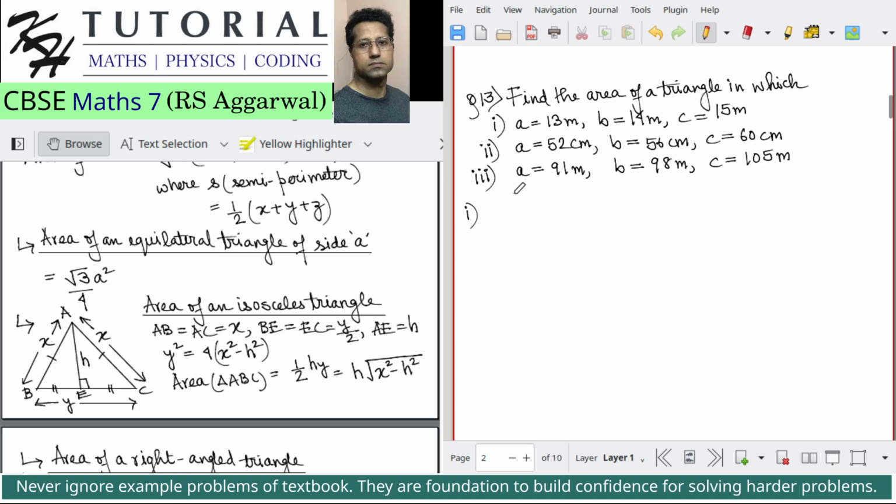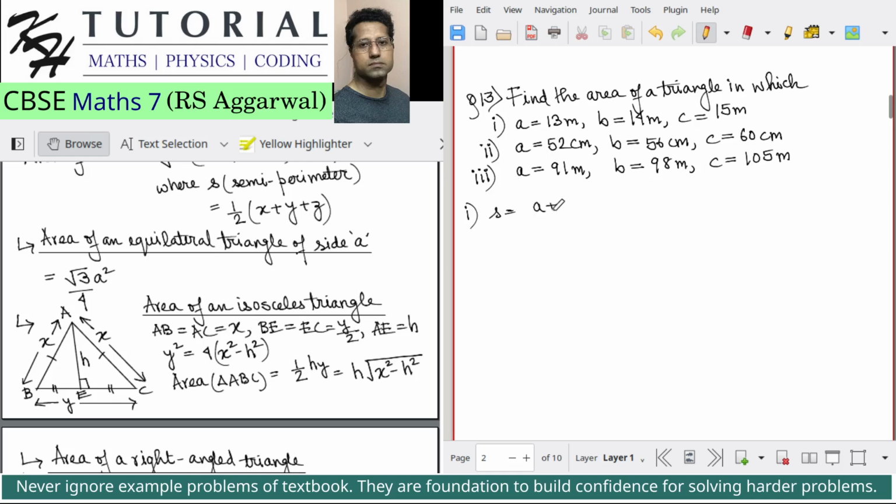So we know that for area we need to find the semi perimeter, small s, which is equal to half of the sum of the lengths of the sides of the triangle, divided by 2. So what will be small s for part 1?